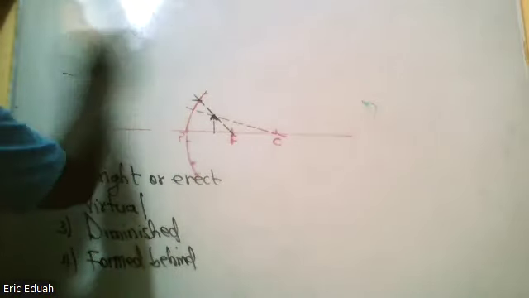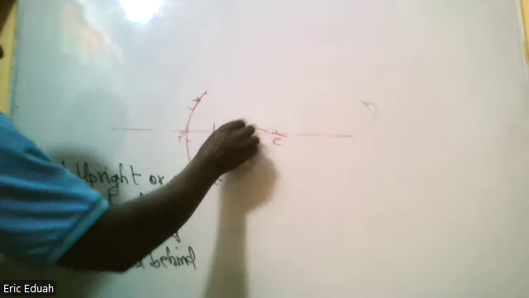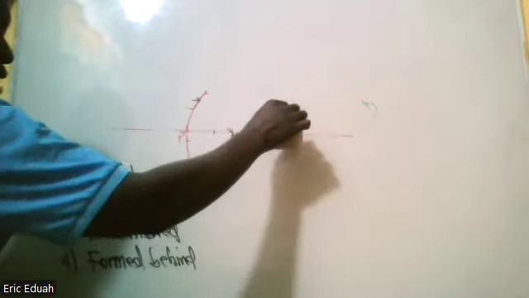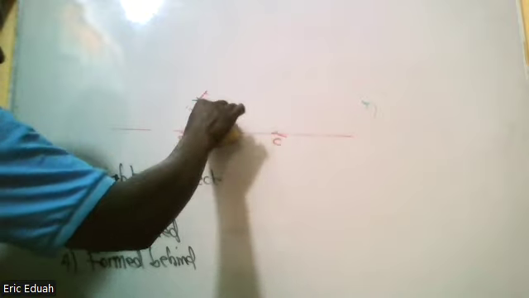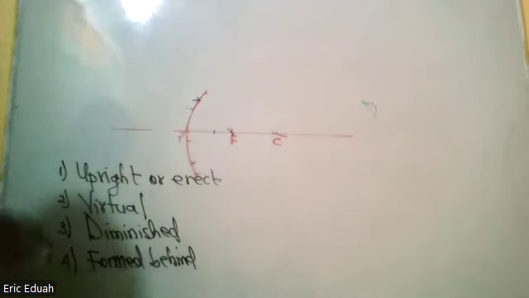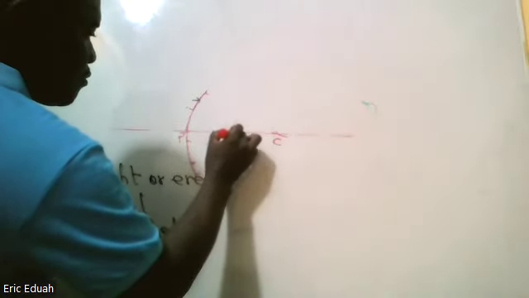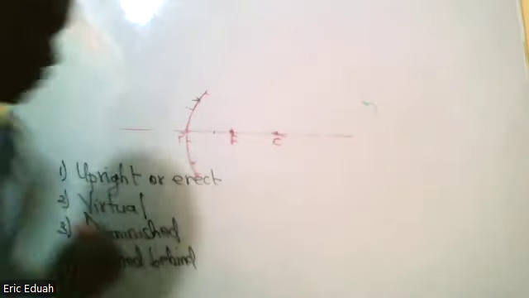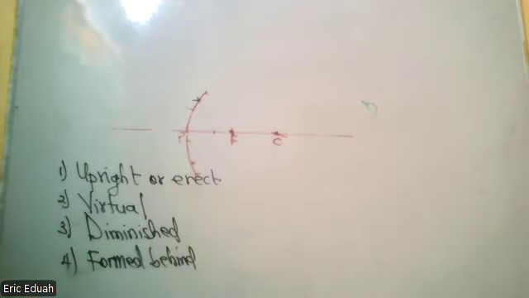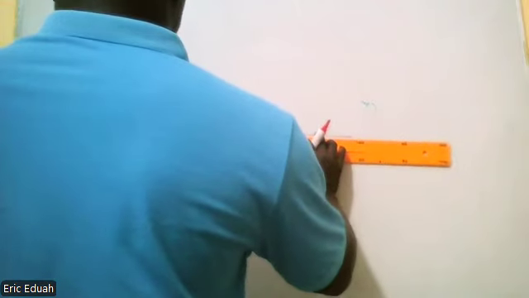So let's play a diagram. I'm going to extend the principal axis so we can place the object far away from the mirror.